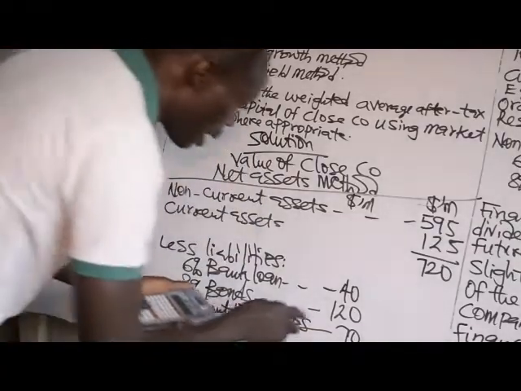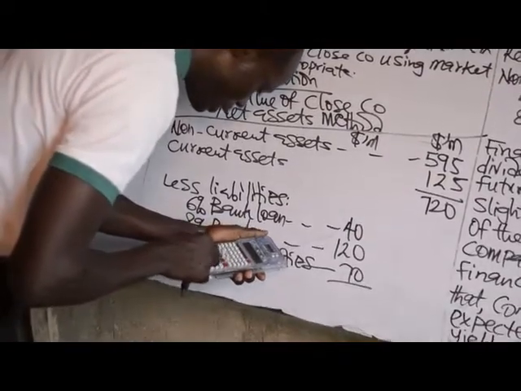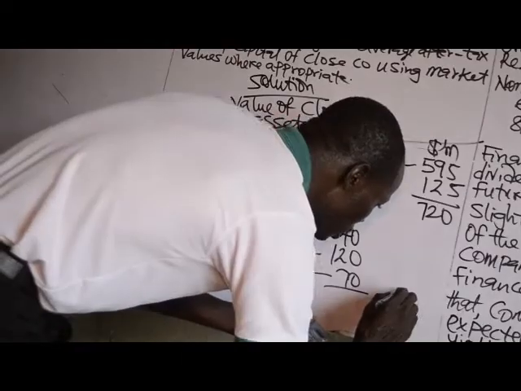So by the time you sum up the liabilities, 40 plus 120 is 160, and 160 plus 70, the liabilities total 230.